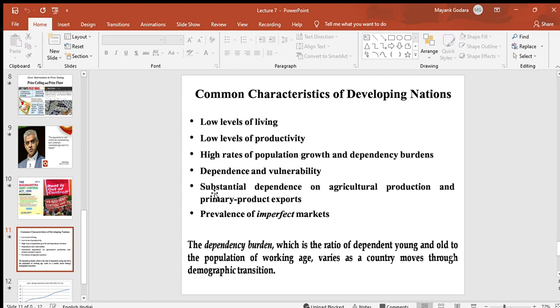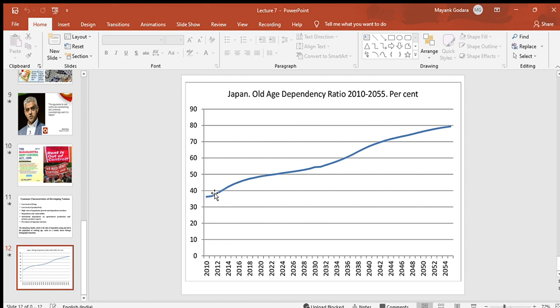The dependency burden is the ratio of dependents, the young and the old, to the working population. You can see that Japan's old age dependency ratio is increasing. This is a huge concern for the Japanese government, how to bring it down. So we end this lecture here.